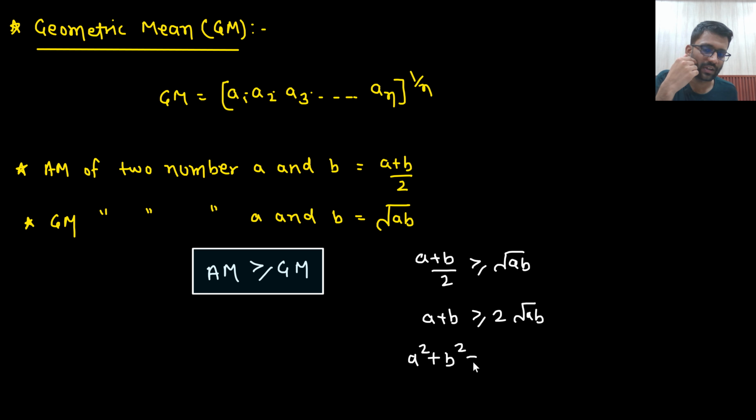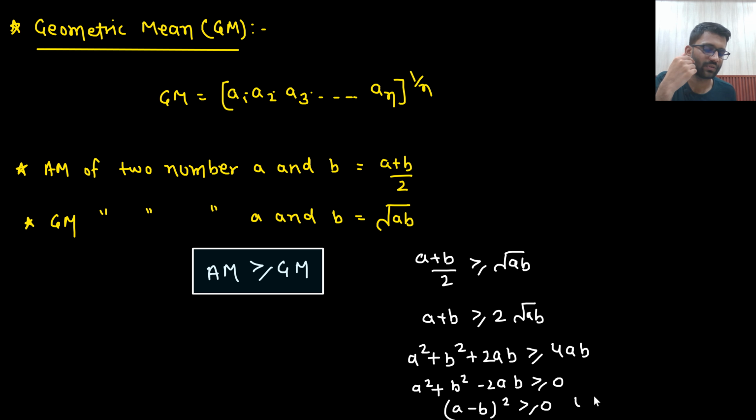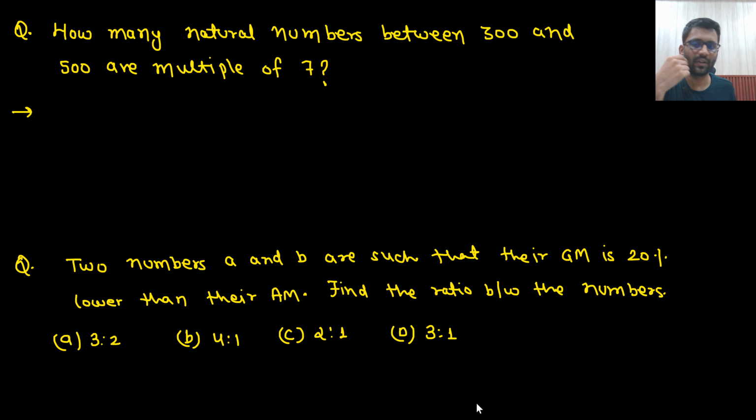A square plus b square plus 2ab is greater than or equal to 4ab. So what are you getting here? A square plus b square minus 2ab is greater than or equal to 0. Or you can say a minus b whole square is greater than or equal to 0. So yeah, this is always true. Any number whole square is always greater than or equal to 0, right? So AM is greater than or equal to GM.